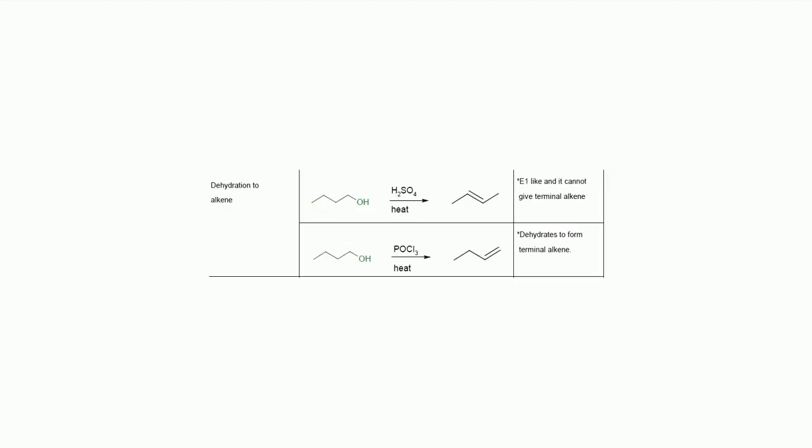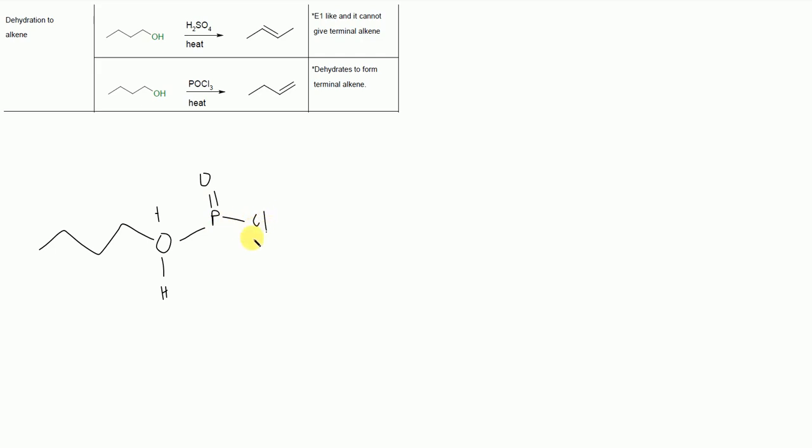So I'm going to copy and paste that, bring this back up here. And so the step that we're at right now, we have the oxygen with the hydrogen, and it's bonded to the phosphorus that now has the double bond again with the O and two chlorines. At this point we're going towards stability.